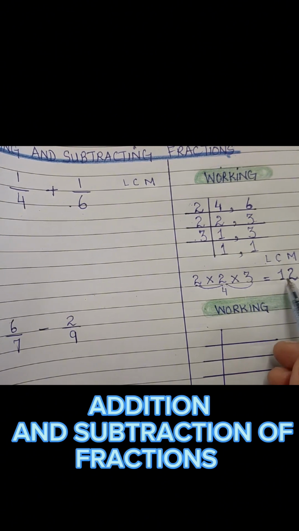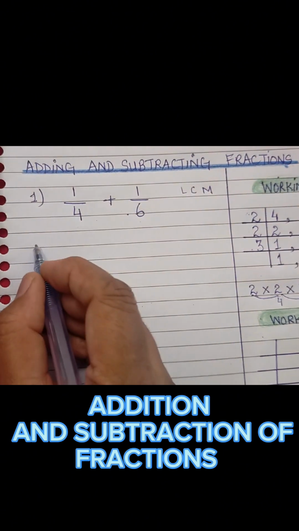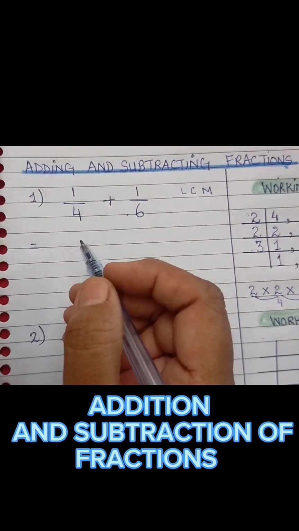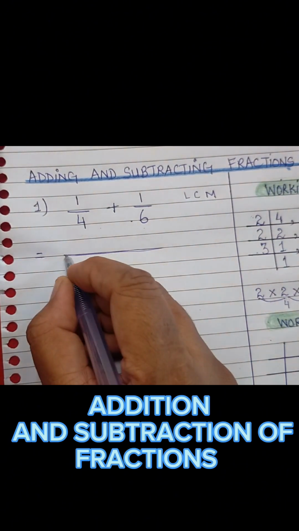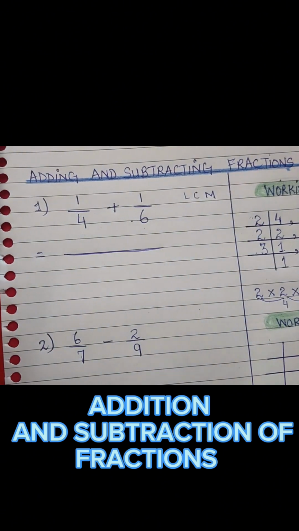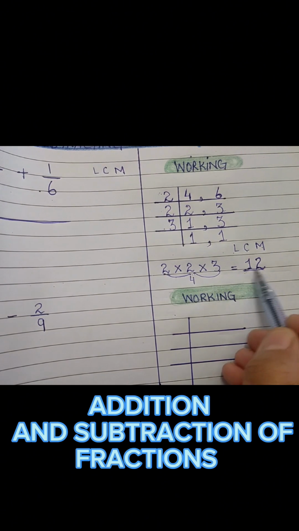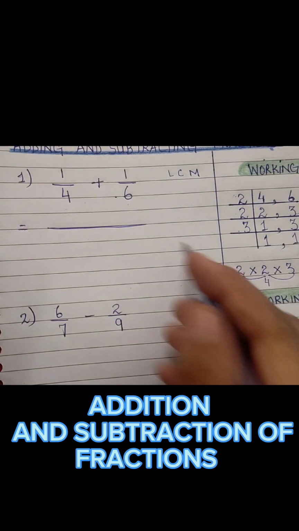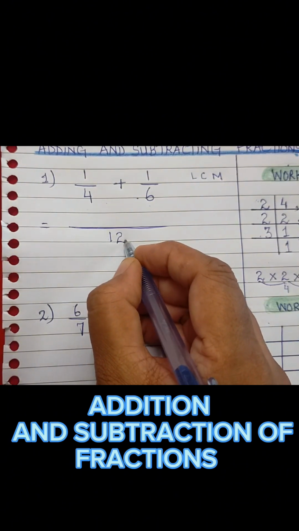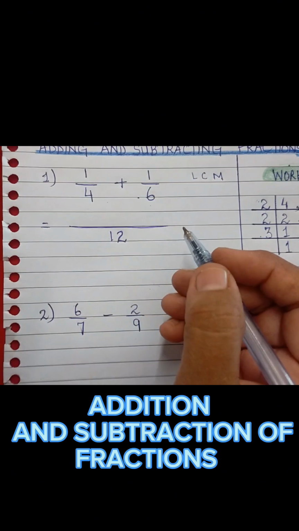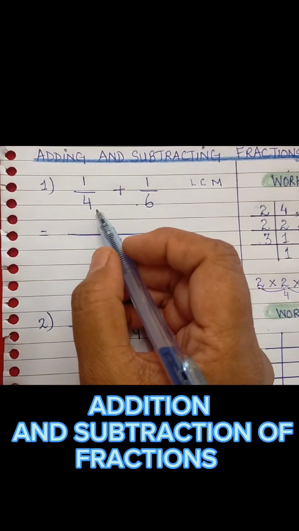Got that? Now moving ahead with the question, I'll put my equal sign here, and I will draw a line like this. All right, what is my LCM? This is my LCM. Okay, so I'll bring my LCM over here. Always remember that. Now comes the next part. We have the denominator.